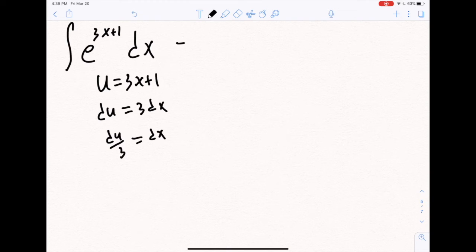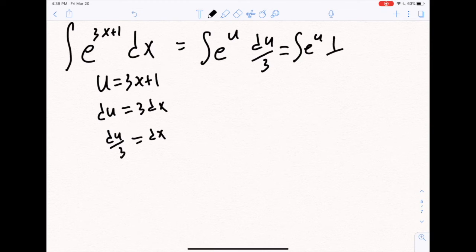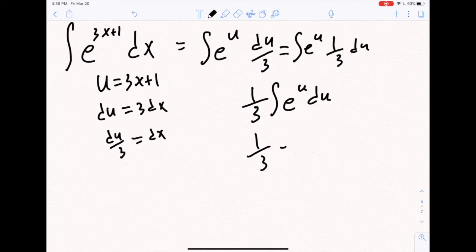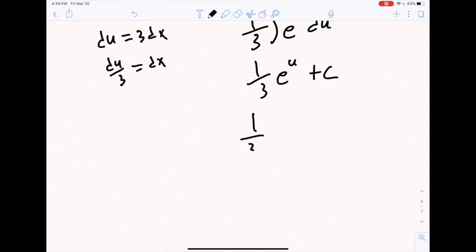So we can make those substitutions in here, and we get the integral of e to the u times du over 3, which is just the integral of e to the u times 1/3 du. And now we can pull the constant out, and so we have 1/3 times the integral of e to the u du. And the integral of e to the u du is just 1/3 e to the u plus a constant c. But recall that u is 3x plus 1, so we have 1/3 times e to the 3x plus 1 plus some constant c.